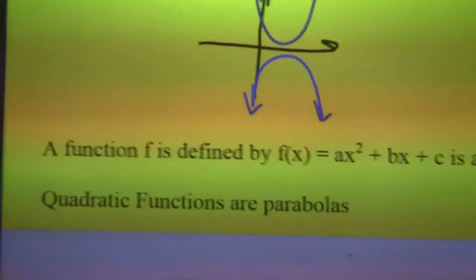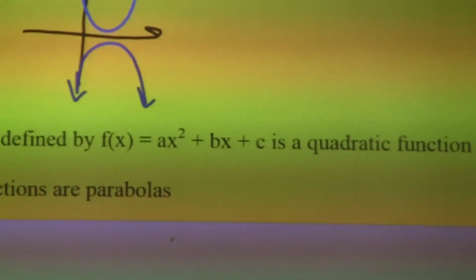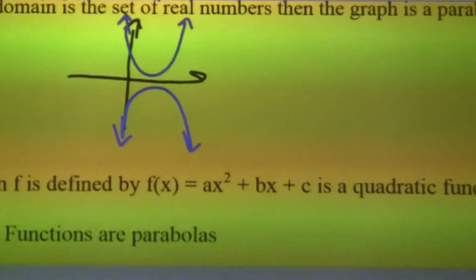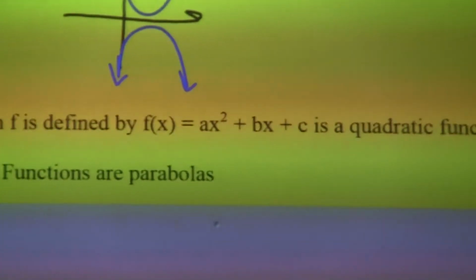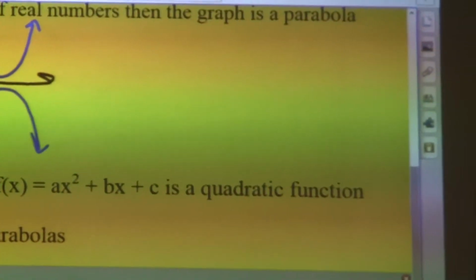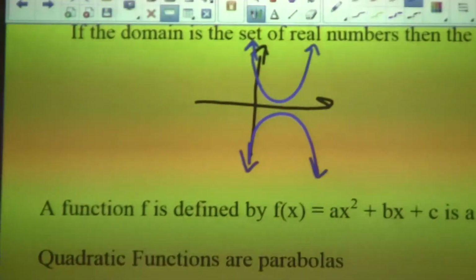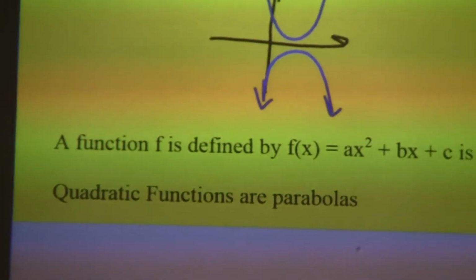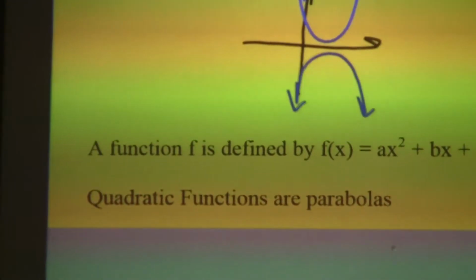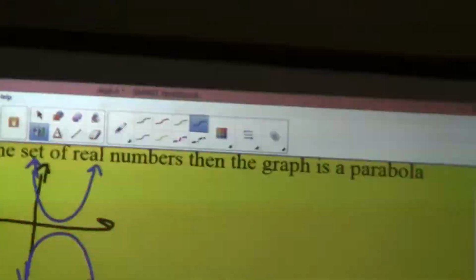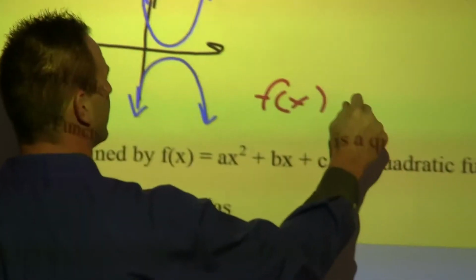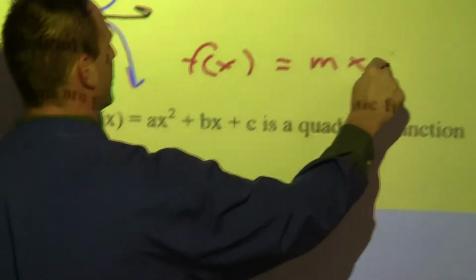A function f is defined by f of x is equal to ax squared plus bx plus c. This is known as a quadratic function. Quadratic functions are parabolas. Now let's recall something. Linear functions were in the form of mx plus b.